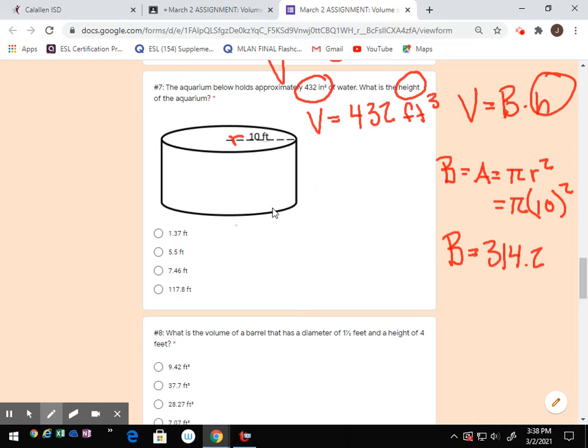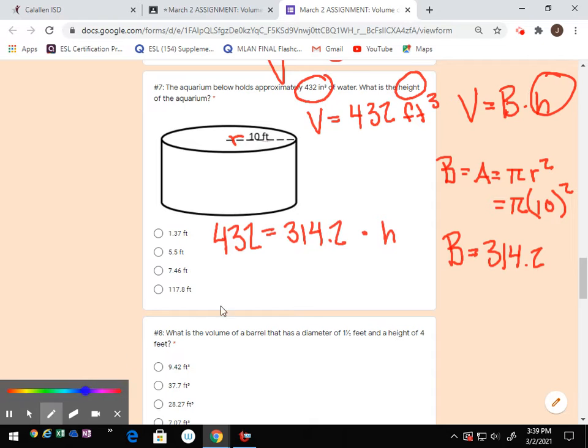So now our complete formula says, so we'll replace volume with 432 is equal to big B, which is 314.2. And then times H, okay? We want to get H all by itself. So how are we going to do that? We got to divide this.